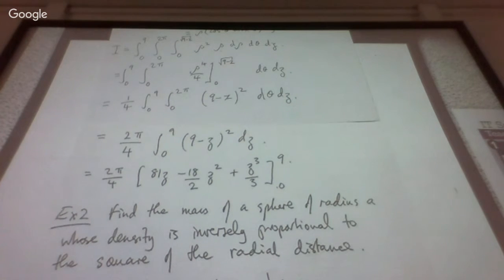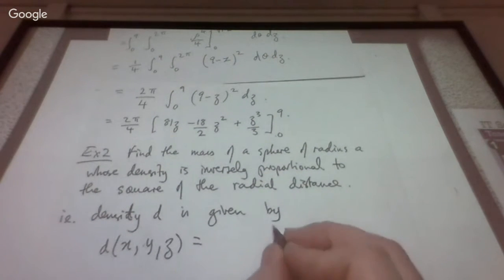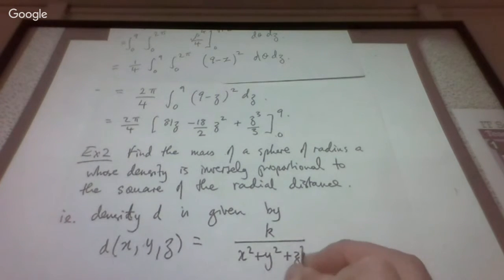So D as a function of the coordinates x, y, z, the density would be inversely proportional to the square of the radial distance. So the square of the radial distance is x squared plus y squared plus z squared. Now it's proportional, so there's going to be some fixed constant k there.